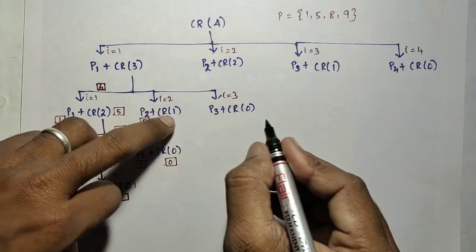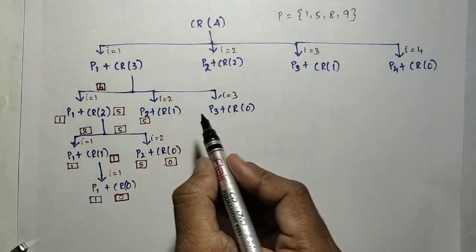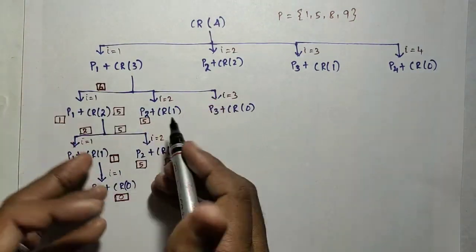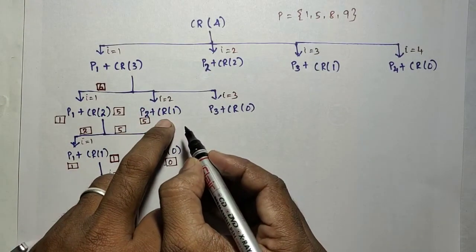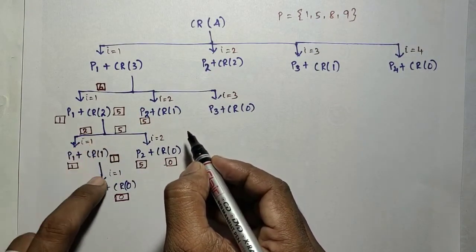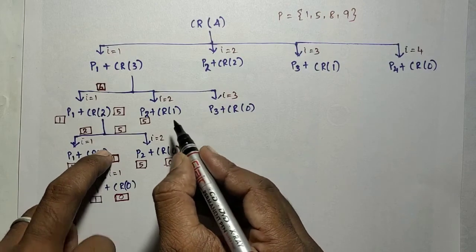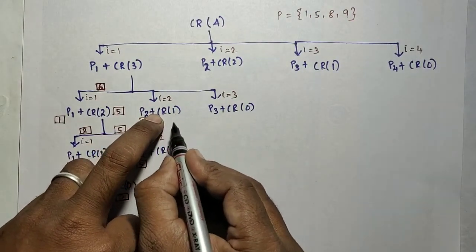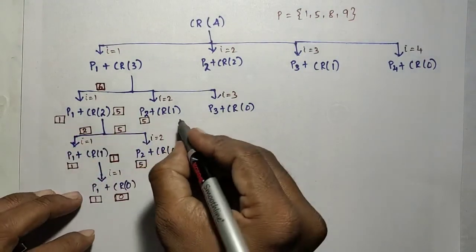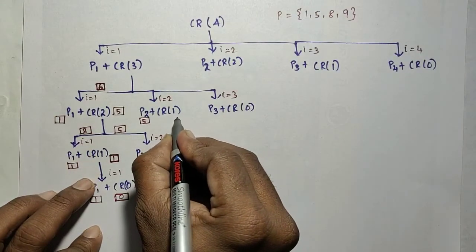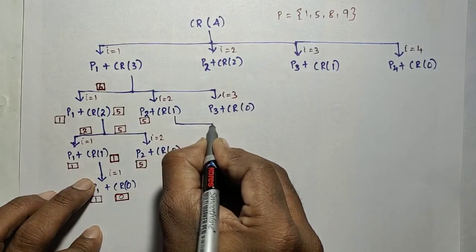1-inch rod price means this is a recursive call. But if you start tracing that problem, here already CR of 1 is determined. Clear? But here again it will do that recursive call. Recursive call means again it will be executed for I equal to 1.